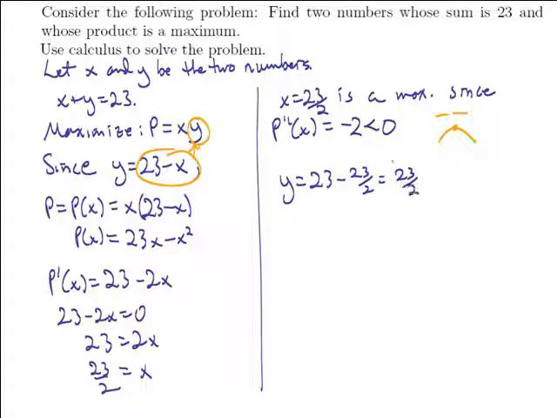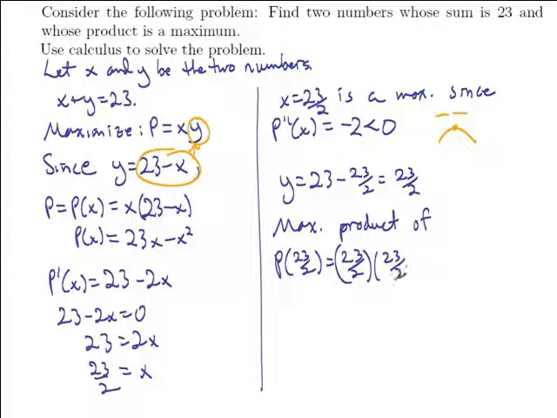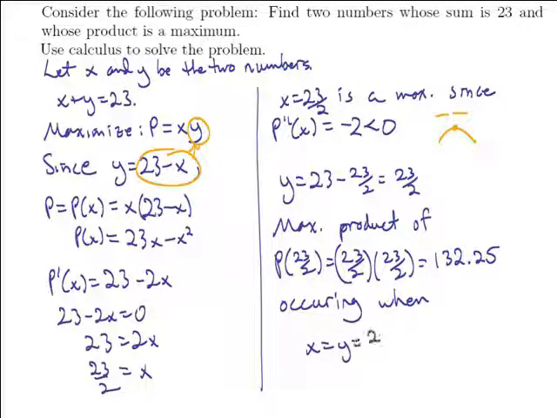So we get a maximum product of P of 23 halves, which is 23 halves times 23 halves, which turns out to be 132.25. And it occurs, of course, when x and y are 23 over 2. So those are the two numbers, again, whose sum is 23 and whose product is maximum.